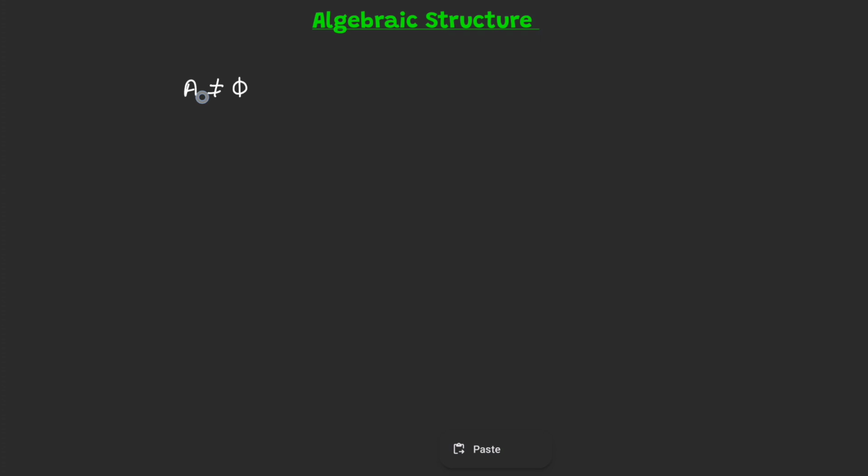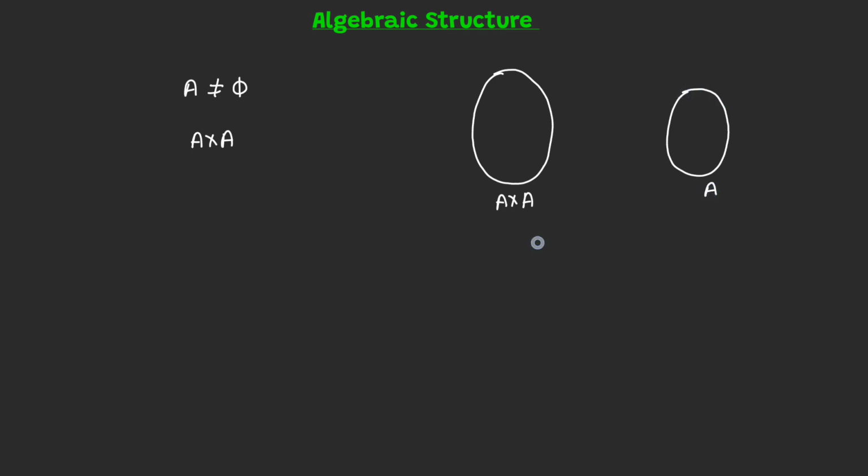Now the cross product, A cross A, is a set, and we have the single set capital A. A mapping from the set A cross A to the set A is called binary composition.